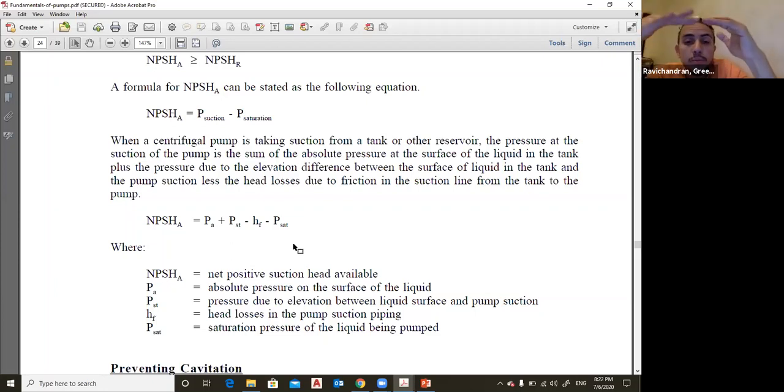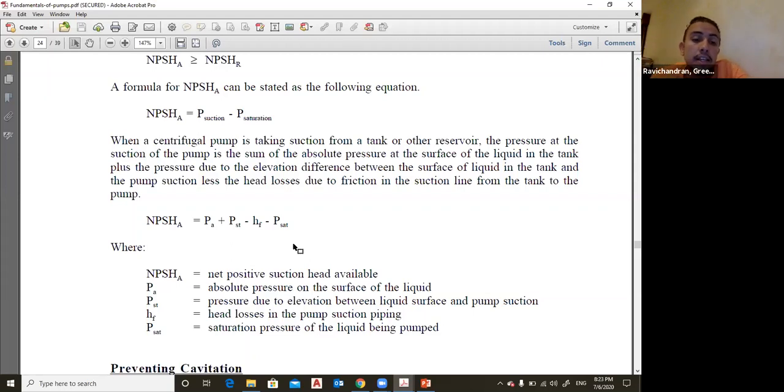We measure it from the center of the suction pipe to the elevation or altitude of the tank or reservoir, the source of the water. Okay, pressure due to elevation between liquid surface and pump suction.